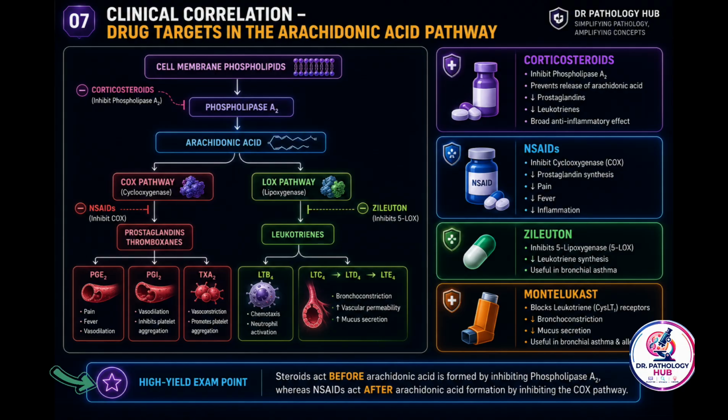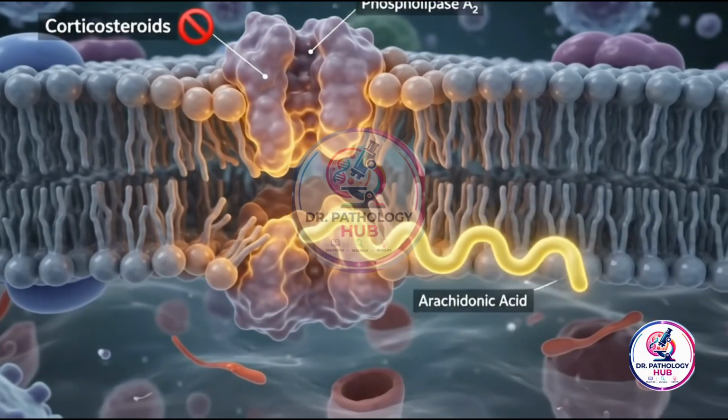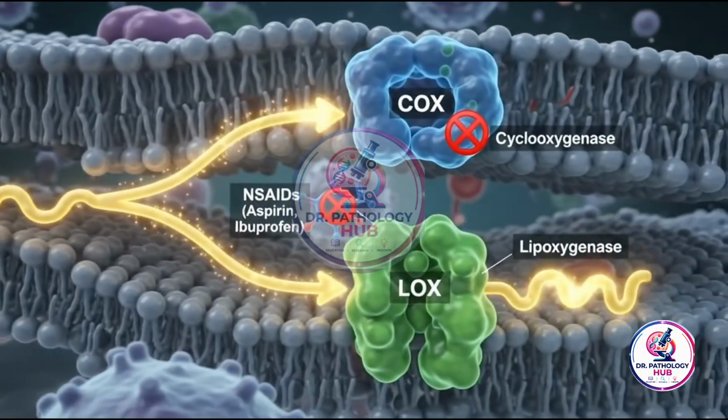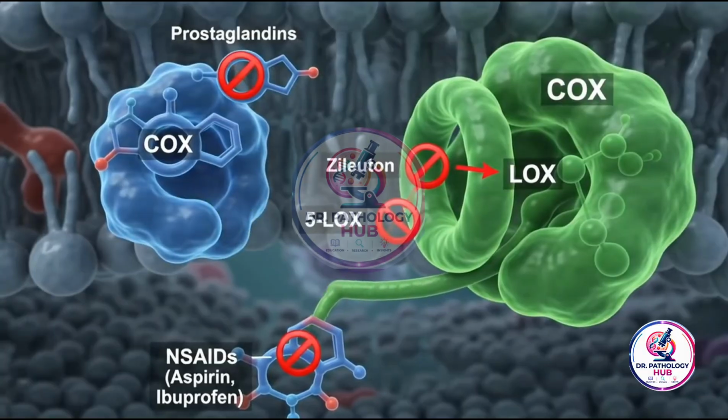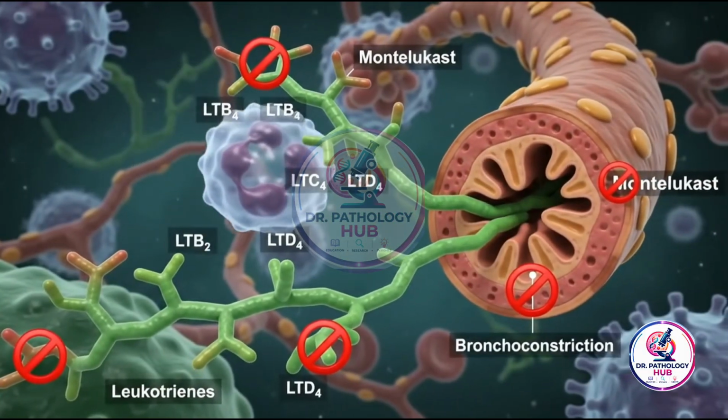NSAIDs inhibit cyclooxygenase, reducing prostaglandin synthesis and relieving pain, fever, and inflammation. Zileuton inhibits the LOX pathway, while montelukast blocks the leukotriene receptors, making these drugs particularly useful in bronchial asthma. To summarize: corticosteroids inhibit phospholipase A2. NSAIDs like aspirin and ibuprofen inhibit COX. Zileuton inhibits 5-LOX. Montelukast blocks leukotriene receptors.